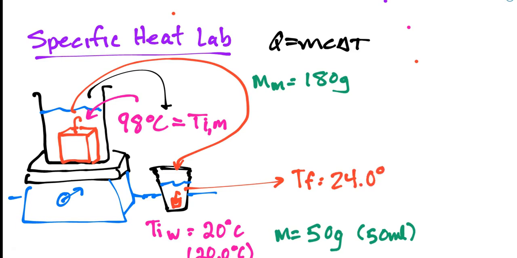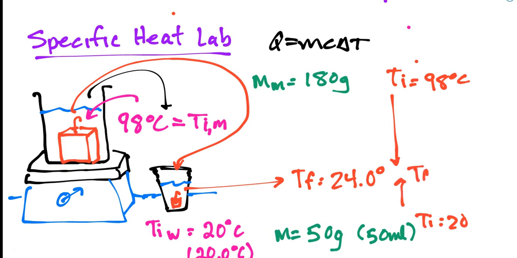Here's how it works. The initial temperature of 98 for the metal dropped down to 24 degrees, and the initial temperature of the water went up to 24 degrees. So the final temperature for both of them is the same. You really, really need to know that. Make sure you understand what's going on here.